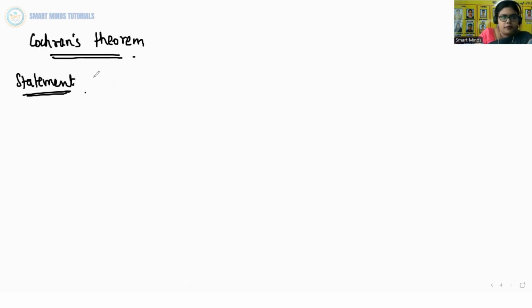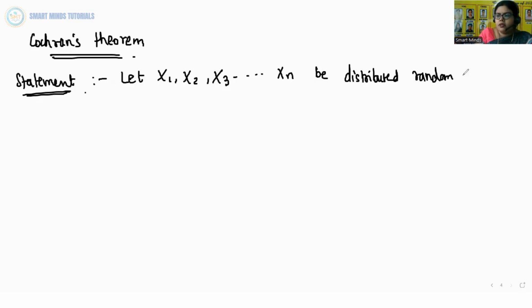Now we will see Cochran's theorem. So let us see what is the statement of Cochran's theorem. Let x1, x2, x3, so on up to xn be independently distributed random variables from normal population.